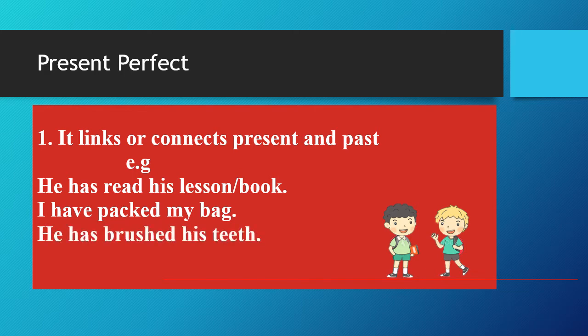Another example is here. He has brushed his teeth. वो अपने दांत साफ कर चुका है. These days you are at home and while getting up in the morning, आप बताते हैं अपनी मदर को कि he has brushed his teeth. वो अपने दांत साफ कर चुका है.